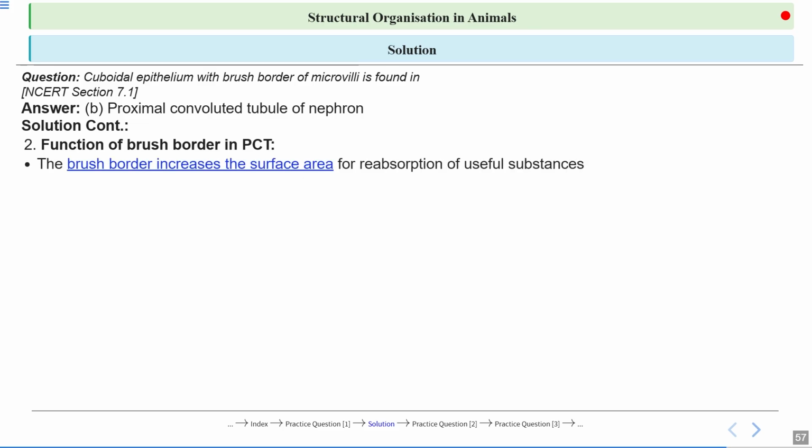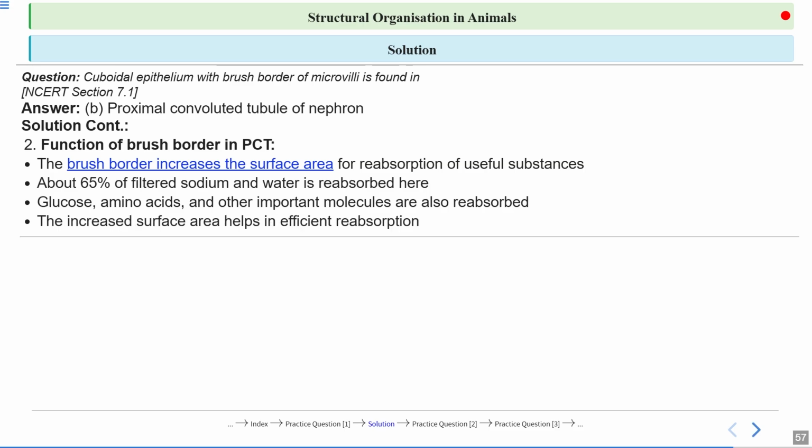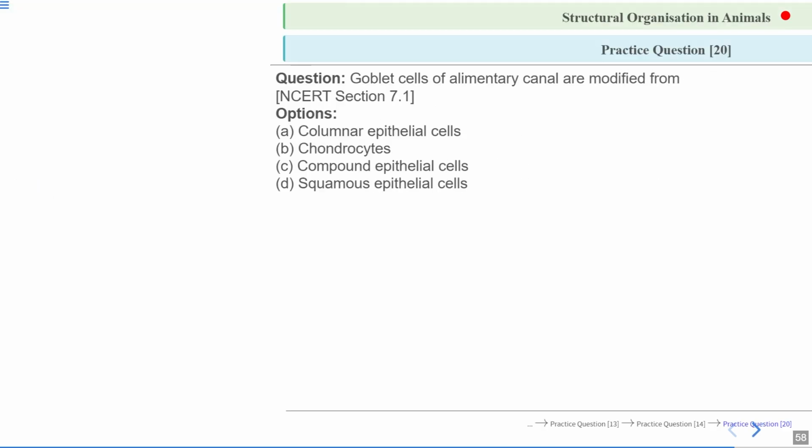Function: the brush border increases the surface area and helps in reabsorption of useful substances, allowing maximum absorption. About 65% of the filtered sodium and water is reabsorbed here in the proximal convoluted tubule. Glucose, amino acids, and other important molecules are also reabsorbed here. The increased surface area helps the efficient reabsorption process.